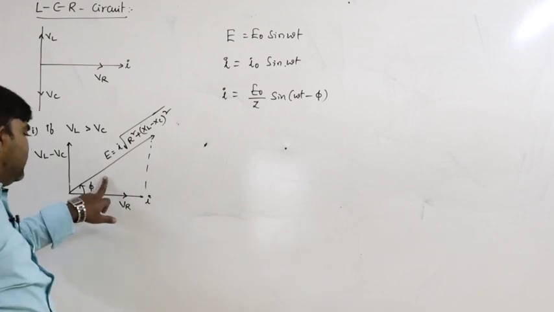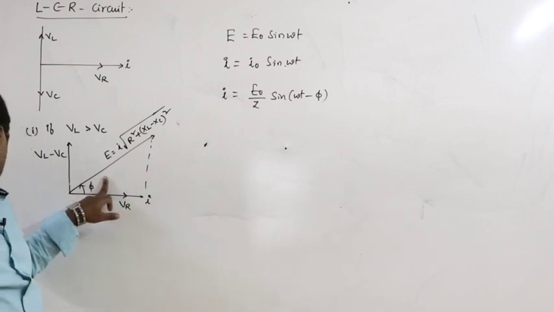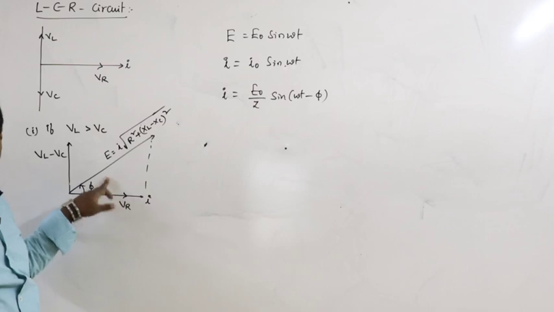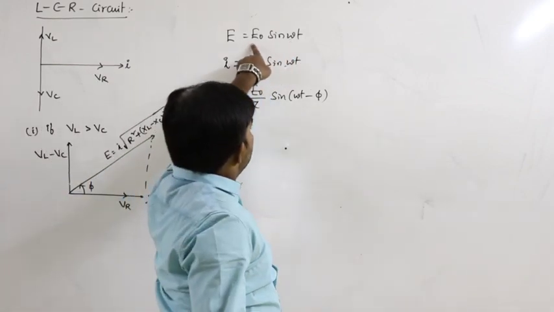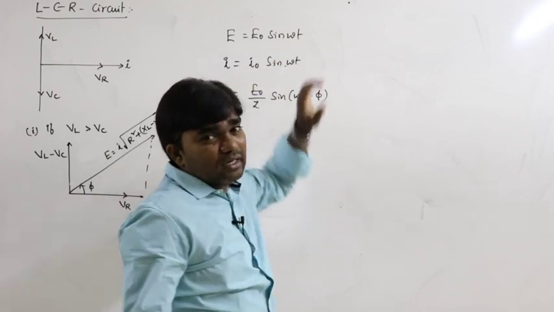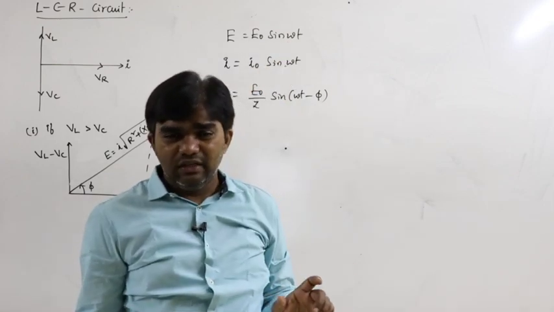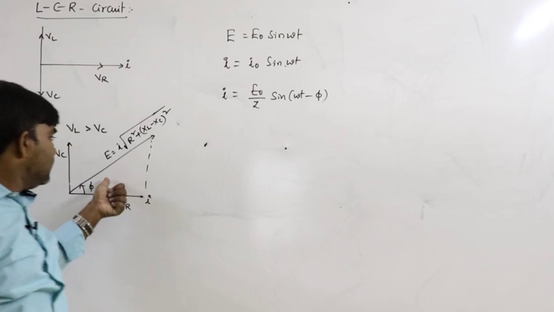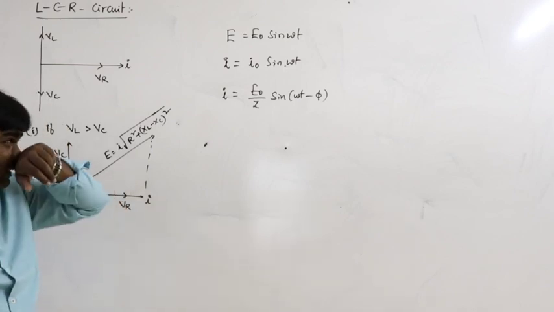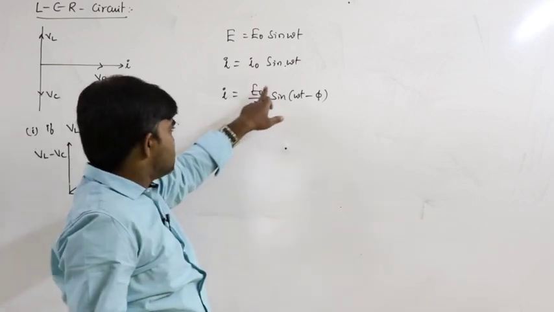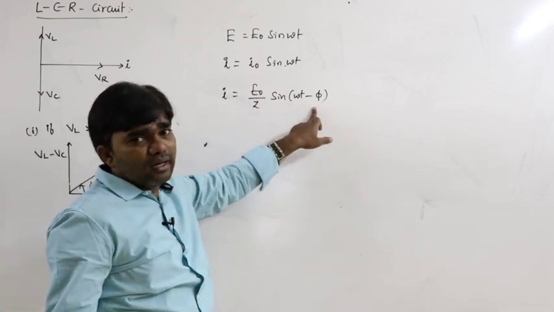Because EMF leads by an angle phi. That means current lags by an angle phi. Here I am considering E is equal to E naught sin omega t, that is the initial situation we considered. But finally we got that current lags by an angle phi. So that's why I can be written as E naught by Z sin of omega t minus phi.